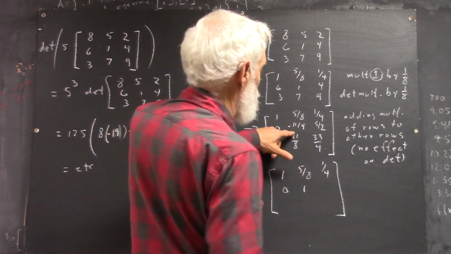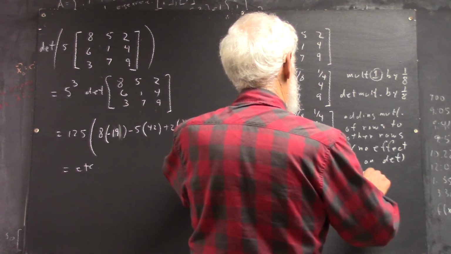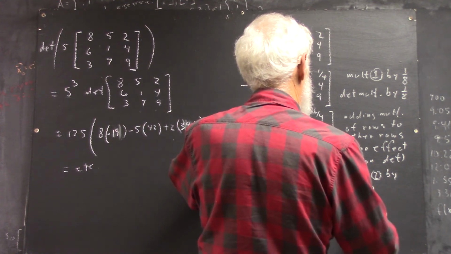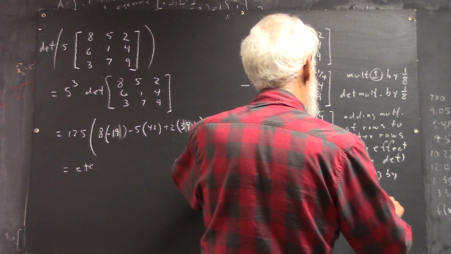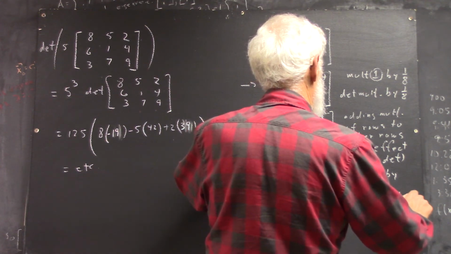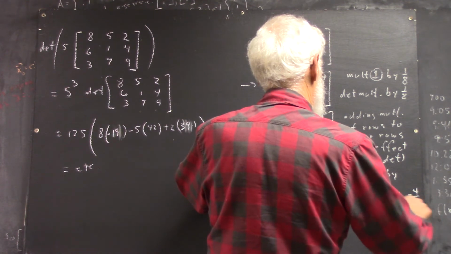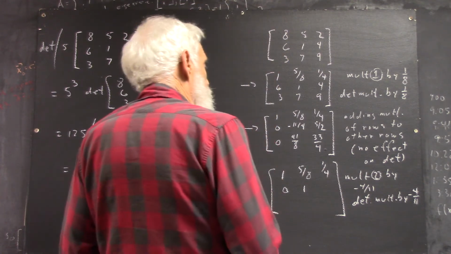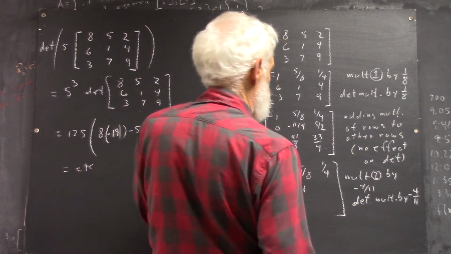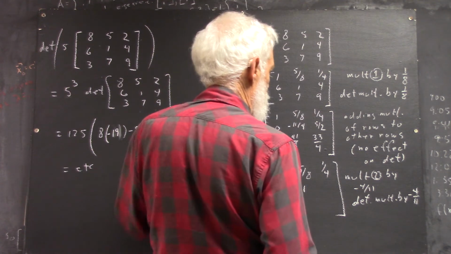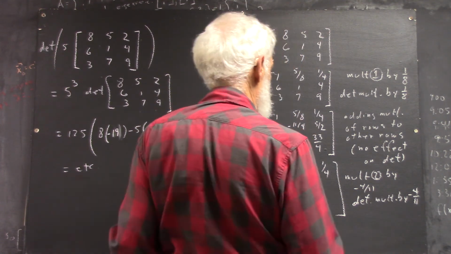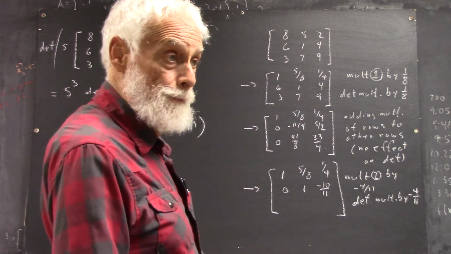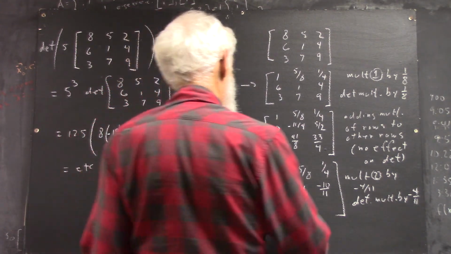And that's why multiplying by -4/11, which multiplies the determinant by -4/11. And I get -20/22, which is -10/11 here.